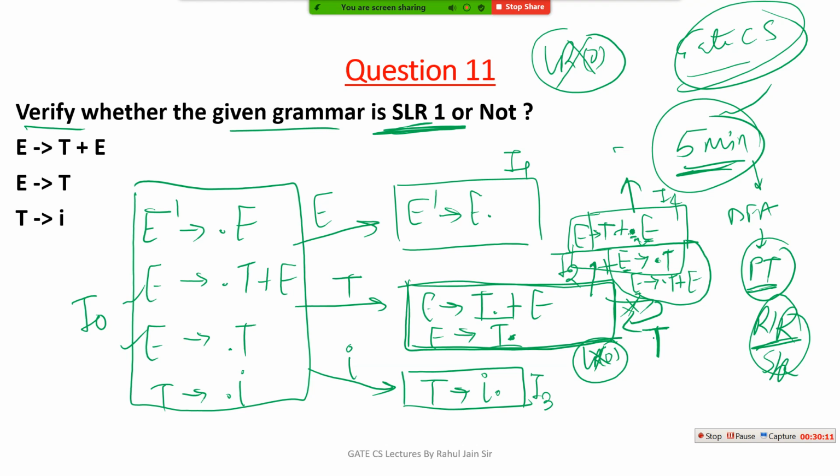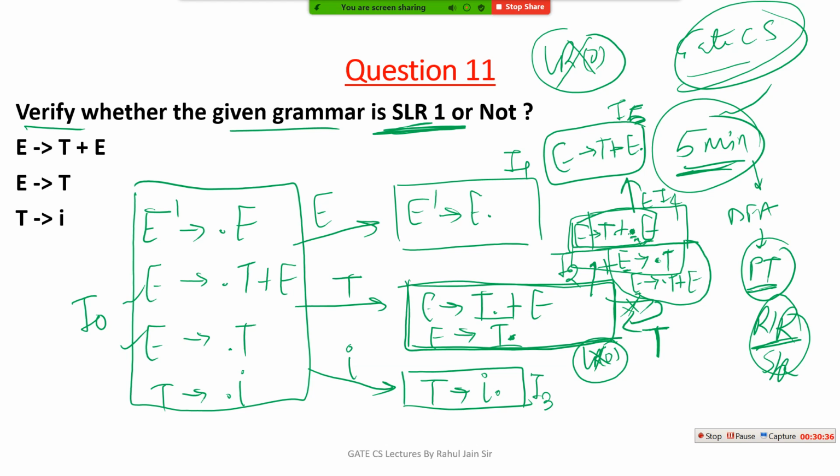And on E, I am reducing the equation E derives T plus E dot in my I5 state. In my I5 state, I am reducing this equation, right? In I5, I have reduced this.